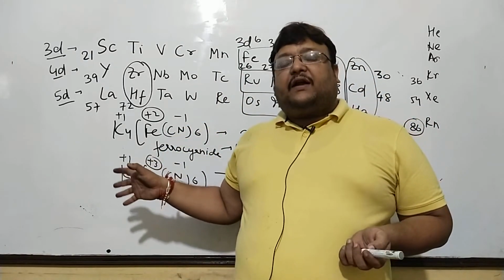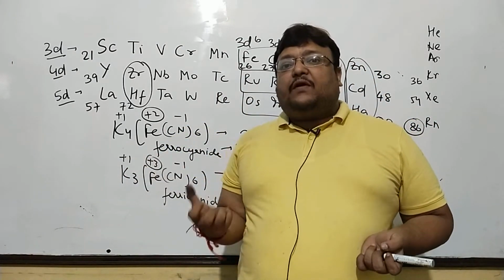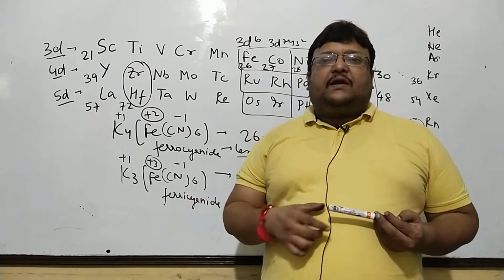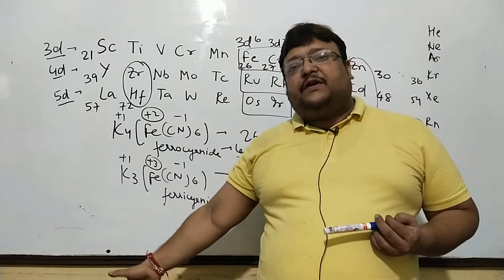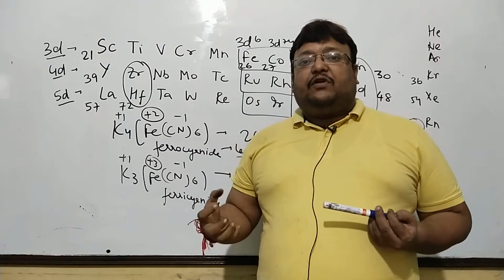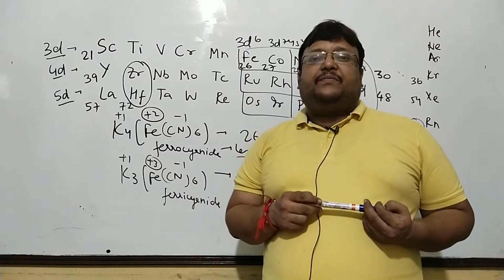Charge plus 3 will attract negative dipole more effectively than charge plus 2. Ferric more than ferrous, cupric more than cuprous. Higher the charge, more positive charge, naturally the metal will attract more effectively. It will bind the ligand strongly.